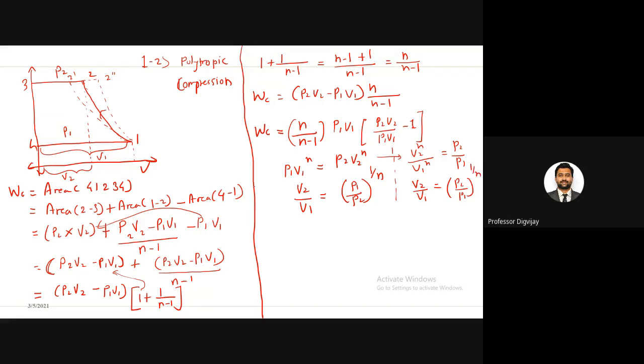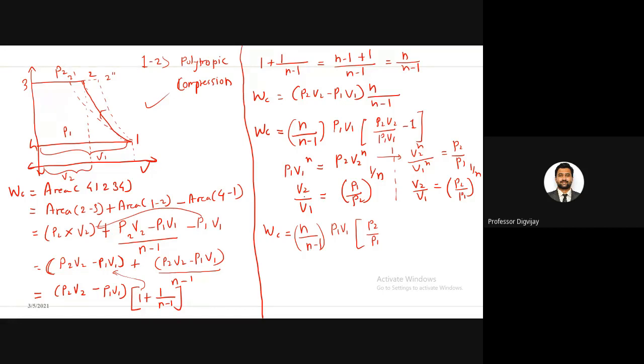Here in this case, again I can write this in the above equation. So compressor work required will be equal to n divided by n minus 1 into P1 V1 into, in bracket, P2 by P1. Pardon, if anybody has written here isothermal work, it is correct for polytropic compression.